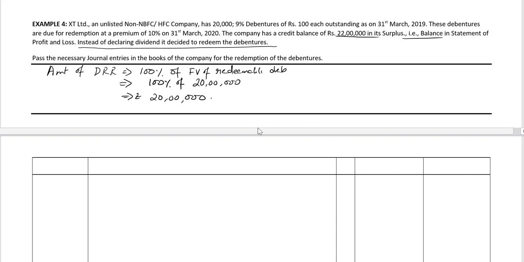The date of redemption is 31st March 2020.